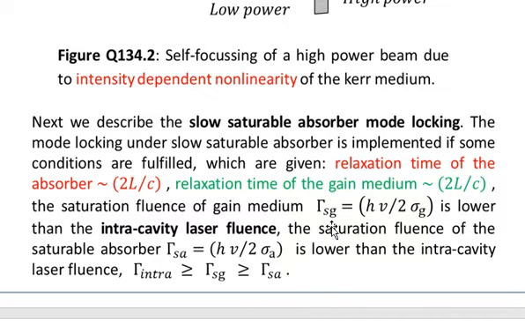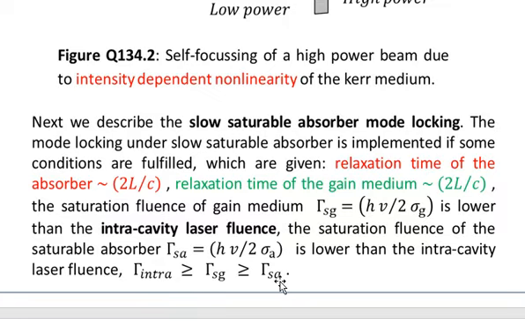So this gamma Sg and this gamma Sa both must be smaller than the intracavity fluence, and this gamma Sa should be smaller than gamma Sg. This is the relation we have written: gamma intracavity should be greater than gamma Sg, and gamma Sg should be greater than gamma Sa.